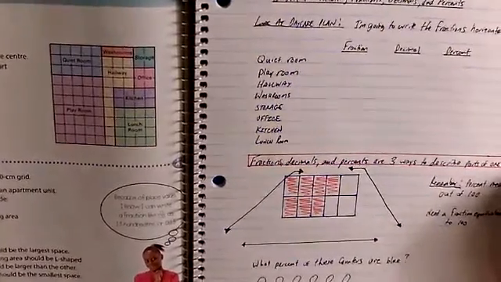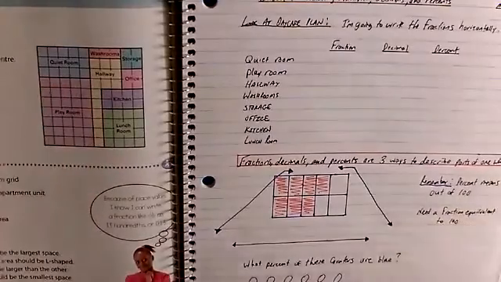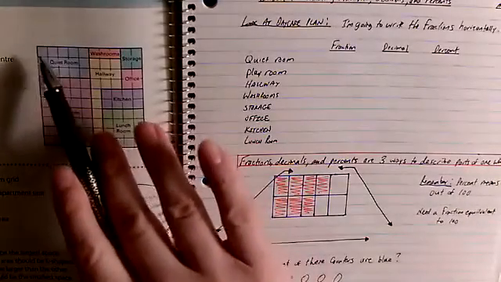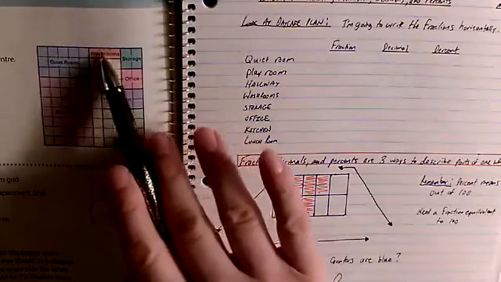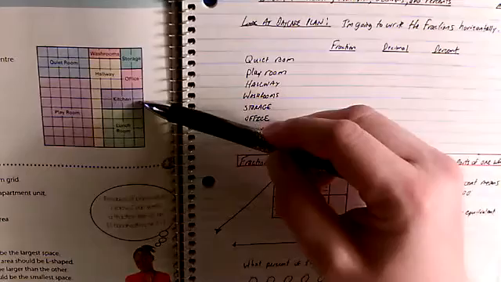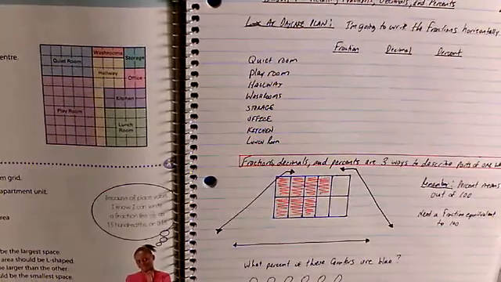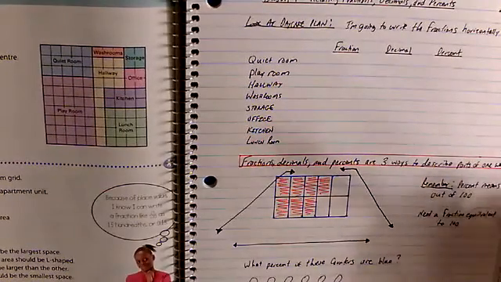We're going to take a look at this floor plan right here. What we're going to notice is that it's 10 by 10. It's a 10 by 10 grid, which means there are going to be 100 squares.